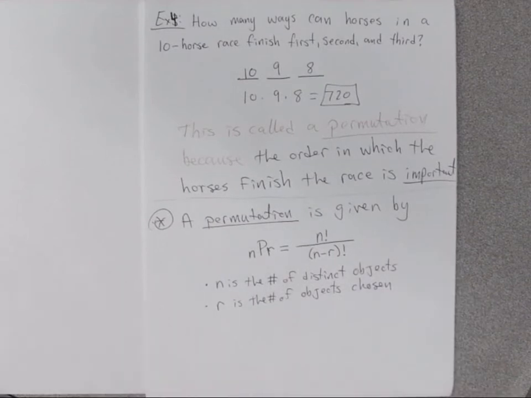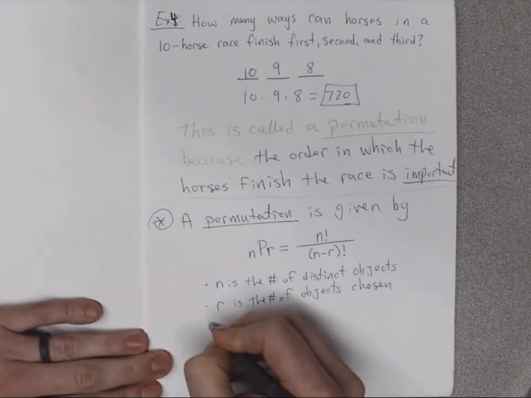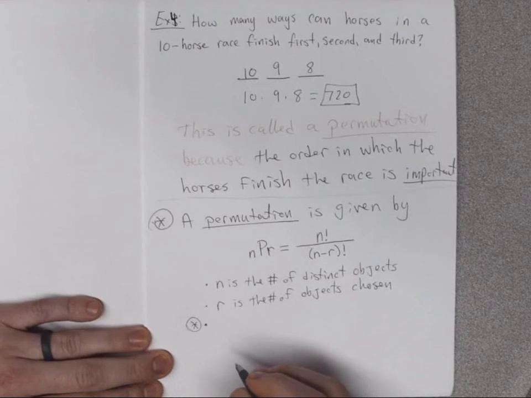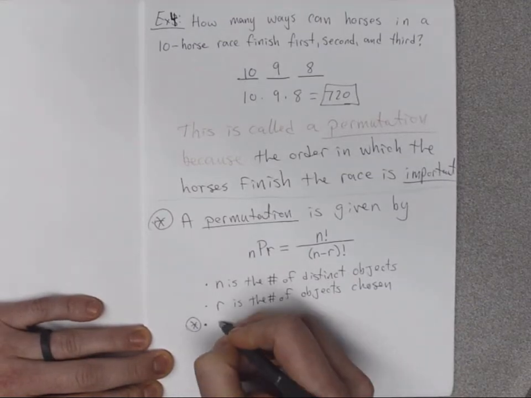These two bullet points are going to be the exact same when we get to combinations in the next video. The third bullet here is the important one: order is important.